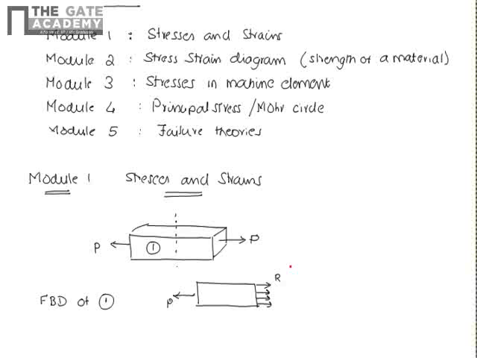So internal forces which resist the deformation are called the resistive force, given as R. And the resistive force acts uniformly across the cross sectional area. That is, if I draw a cross sectional area here, it will be acting uniformly over the entire cross section area. And this resistive force developed per unit area is called stress. So stress is equal to resistive force per unit area.